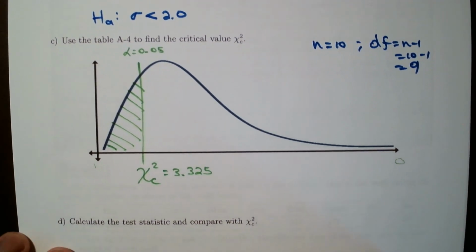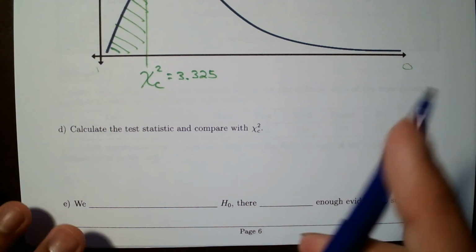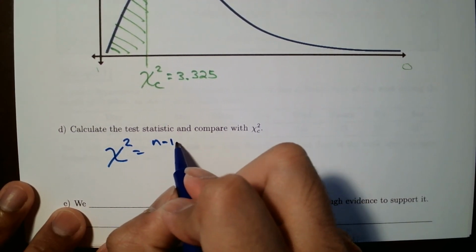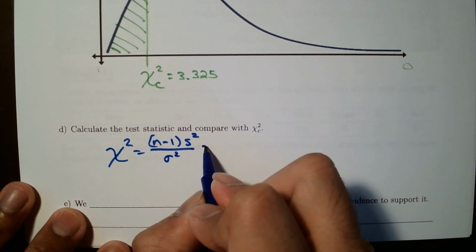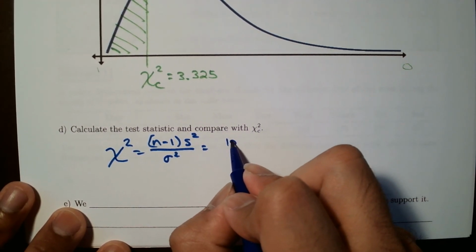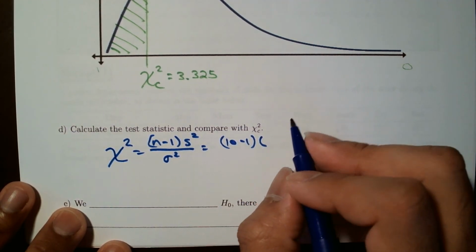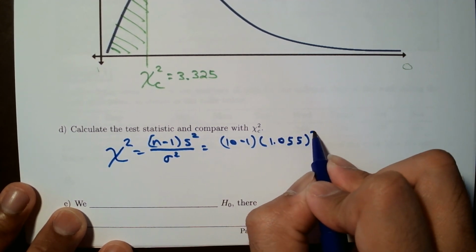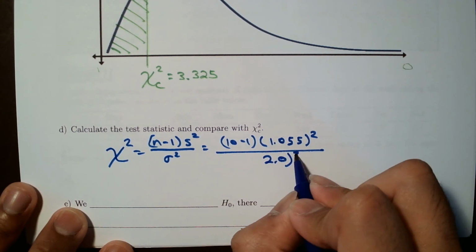So it's time to get the test statistic for this, and for this all we do is chi-squared equals n minus 1 times s squared divided by sigma squared. In this case 10 minus 1 times s, which is 1.055, squared, divided by 2.0 quantity squared.